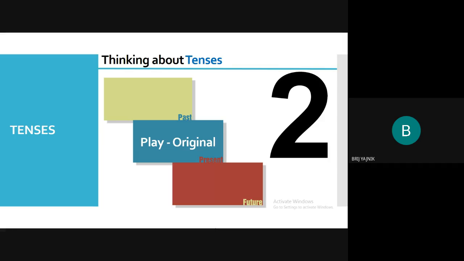Give me a form of past. What do you call play in past? Do you have any past form of play? Chisala said played, and everybody would agree to that definitely. So played is the past form of that verb.